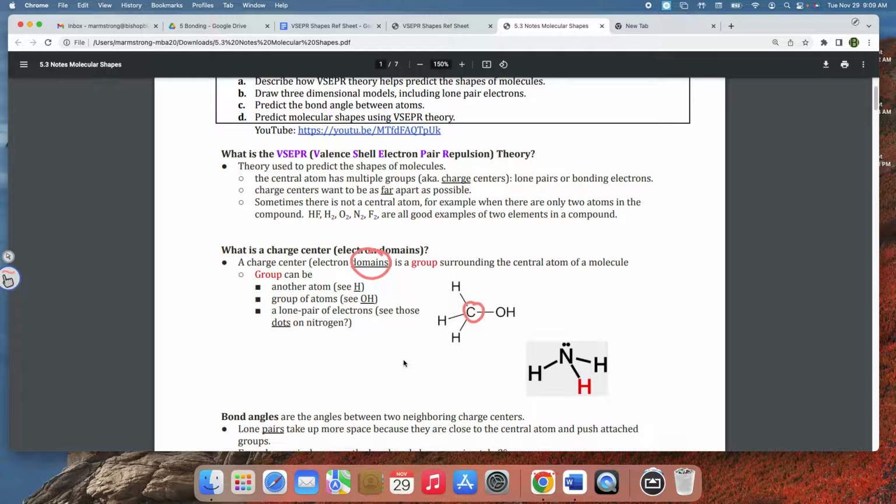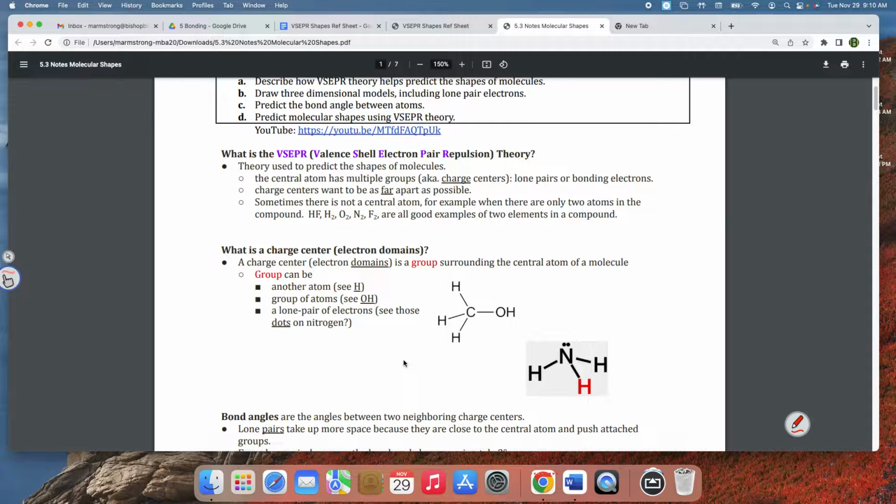So here's the center atom on that compound, and here's the center atom on that compound. So carbon would have 1, 2, 3, 4 domains, kind of electron domains surrounding that carbon, and then nitrogen over here would have 1, 2, 3, and that lone pair there is also called a domain. So that one has 4 domains around it, and that one also has 4 domains around it.